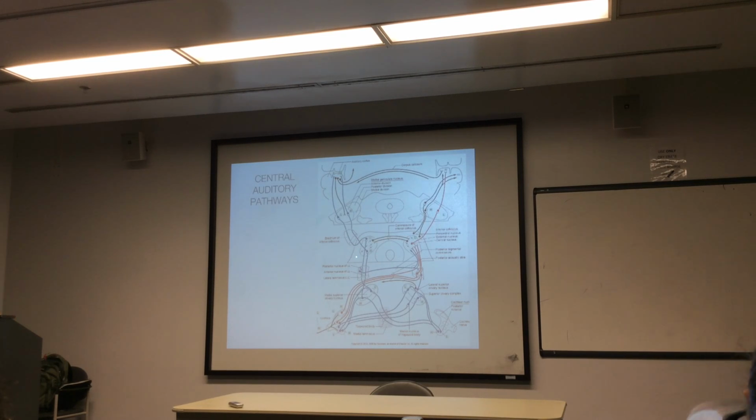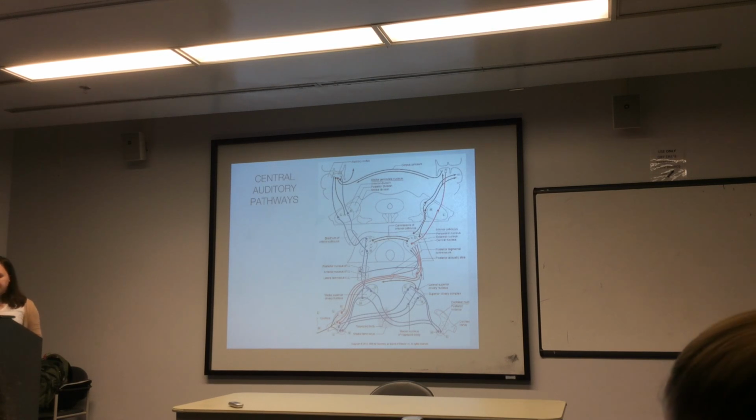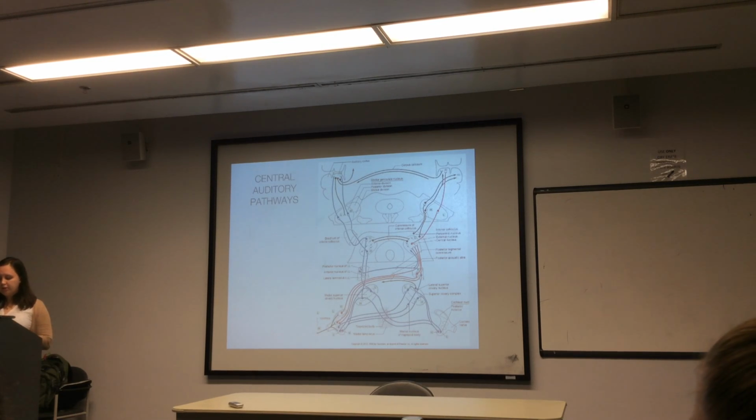And so from there, these fibers will then project through the brachium of the inferior colliculus up to the medial geniculate nucleus. And this area also has a couple of different nuclei that are important. So you'll have the anterior nucleus, which again is important just for those frequency-specific areas, so tonotopic representation again.